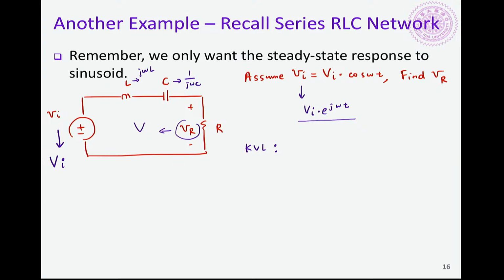So VR is now equal to R divided by R plus j omega L plus 1 over j omega C, times VI.